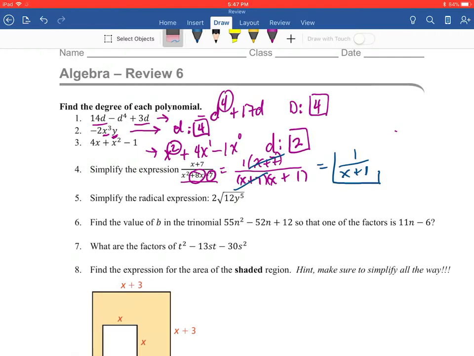Now, I'm not done here quite yet. I need to do one more special step, specifically with fractional expressions, okay? My denominator cannot equal 0.